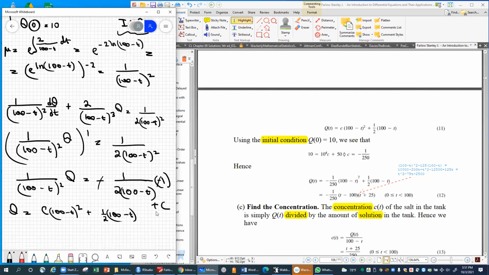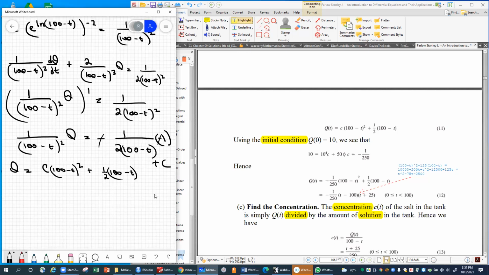So now we know that the initial condition is 10. So Q at 0 is C times 100 squared plus 50, and that's equal to 10. So that means C is minus 40 over 10,000, which is minus 1 over 250.